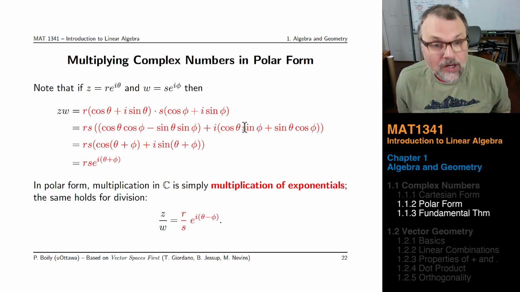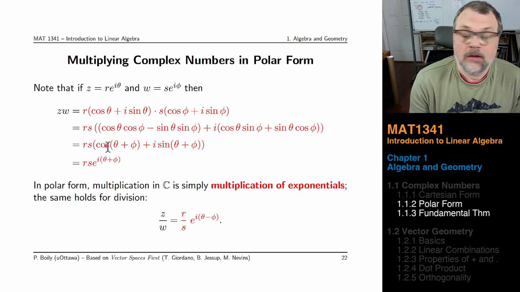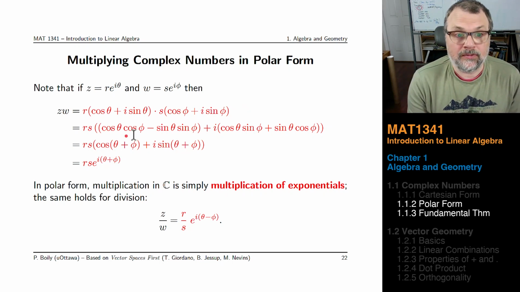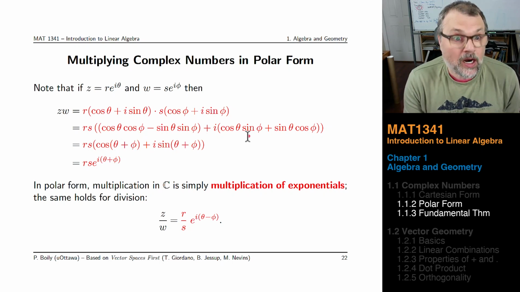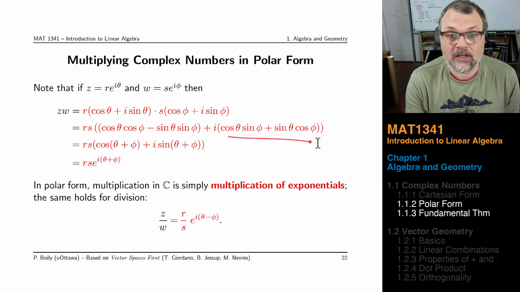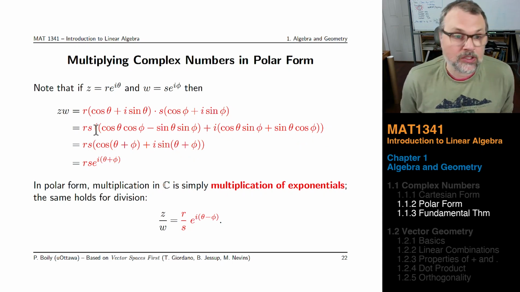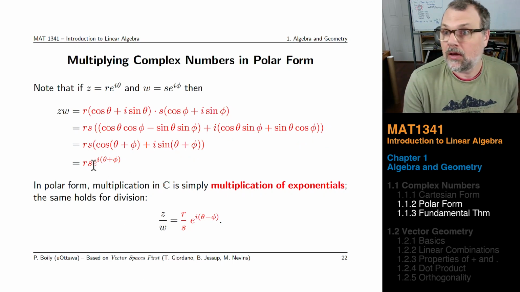Now, you may not remember those as the cosine and the sine of a sum of angles, but that's what they are. This thing is just the cosine of theta plus phi, and this other thing here is the sine of theta plus phi. And now I'm back to an expression that looks an awful lot like a polar form, right?